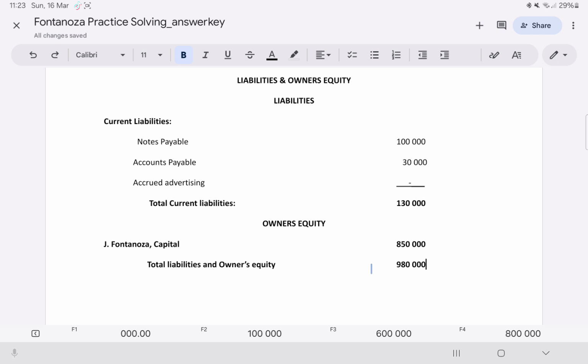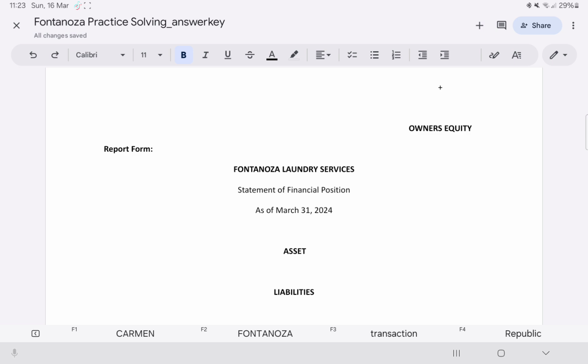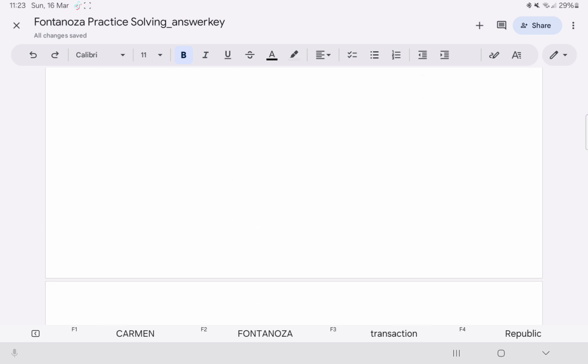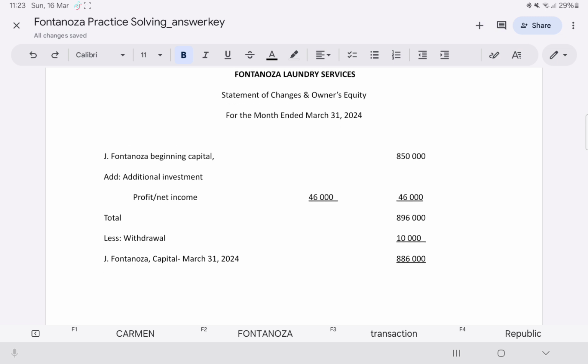Go back to the statement of changes in equity. Since we have only the two liabilities, go back to the J Fontanoza capital to see if you got the correct amount.